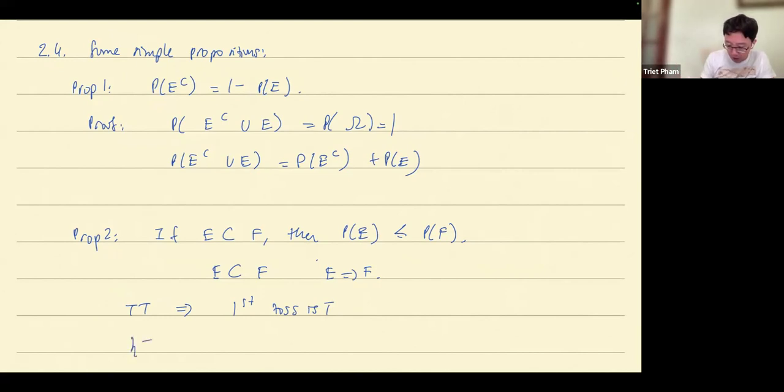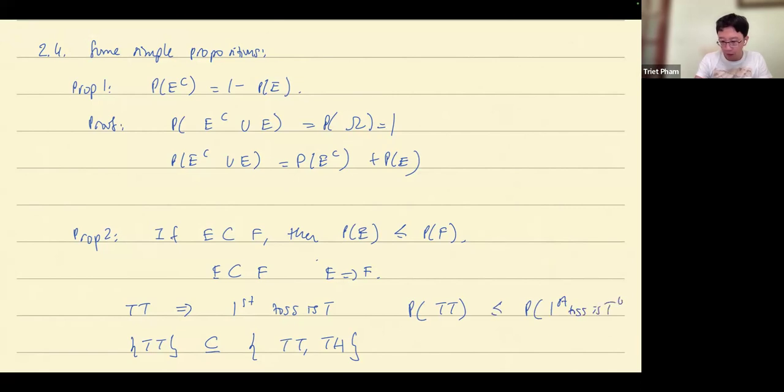Or if you want, the outcome tail-tail is a subset of tail-tail and tail-head. Says the same thing. Of course, in terms of probability, the probability of getting 2 tails must be no more than getting the first toss's tail. Is that okay? Something like that.